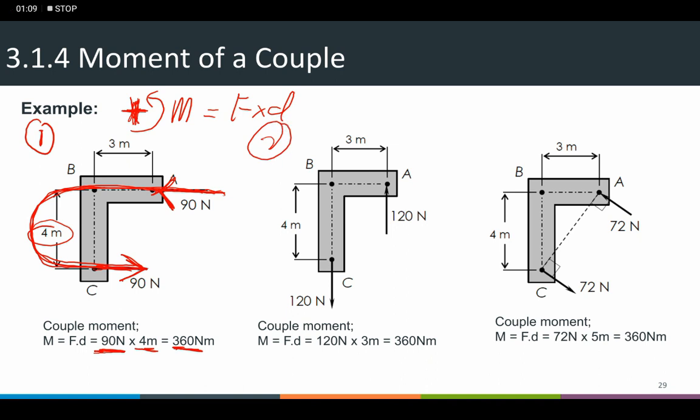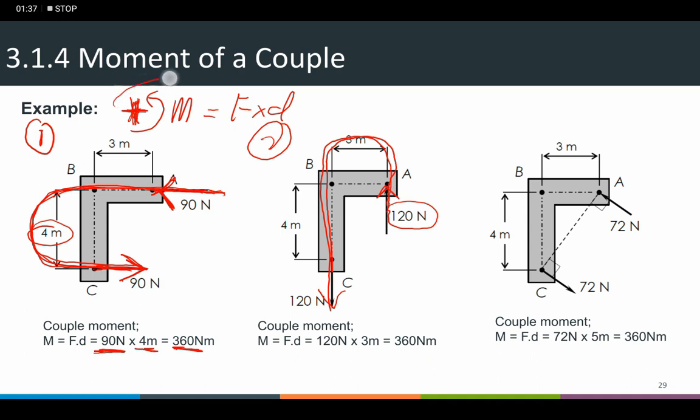Second example, force 120 Newton. Positive or negative depends on clockwise or counterclockwise. So, direction A upward to C. A to C. This is also counterclockwise.